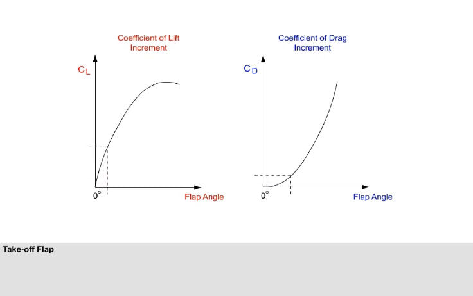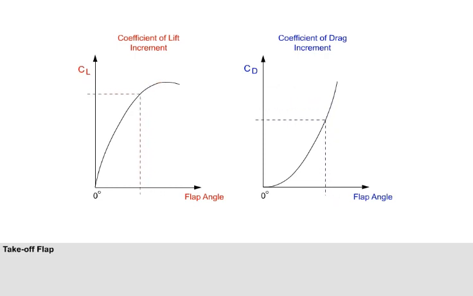The minimum safe takeoff speed will be possible at the highest CL max, and this will be achieved at the largest flap setting. But large flap angles also generate the most drag, which will decrease aircraft acceleration and make the takeoff run longer.